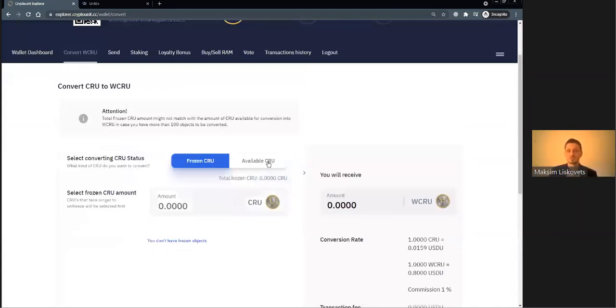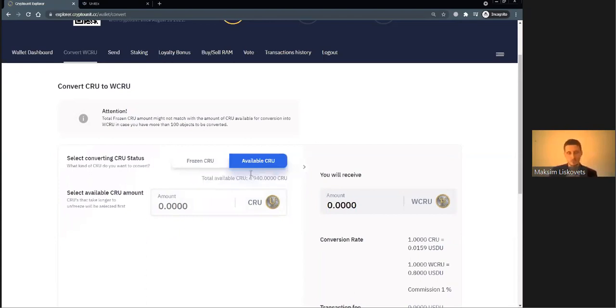Here you see that you may convert CRU to World CRU, so frozen CRU to World CRU, and available CRU, so frozen and available CRU. We recommend to convert frozen CRUs into World CRU, as this is more beneficial.